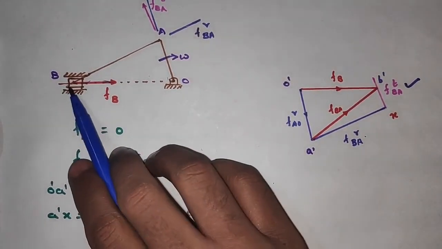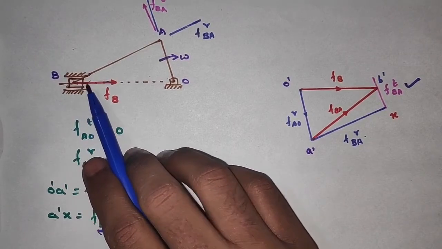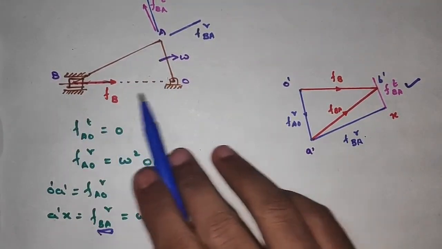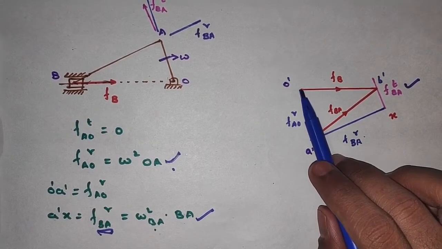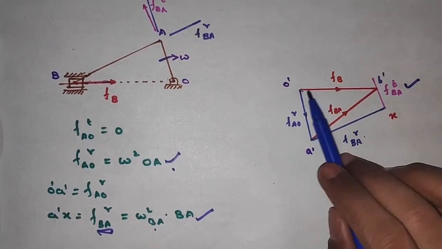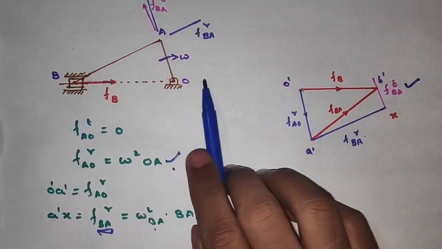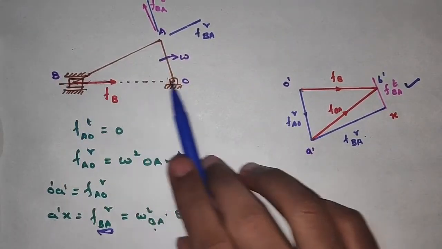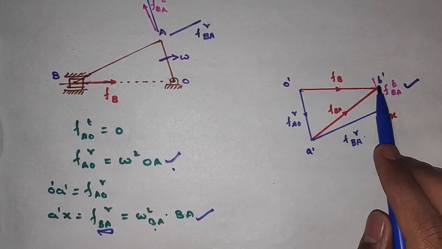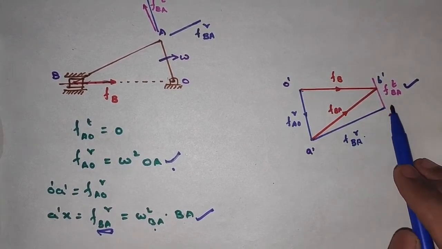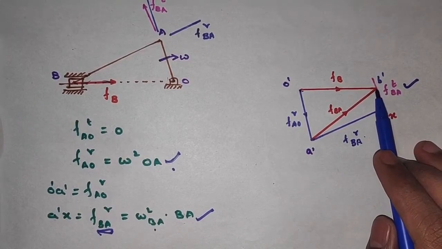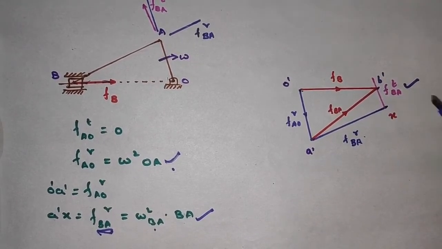Next, we know the acceleration of the slider will be horizontal, that is parallel to the axis of sliding. So from O dash we draw the vector O dash B dash parallel to the sliding direction. Now this vector FB will intersect FBA tangential at point B dash. That gives the magnitude of the tangential component of the acceleration of link AB.